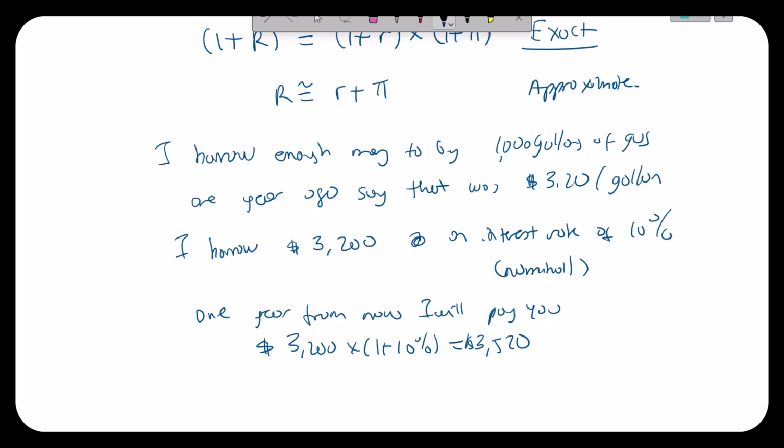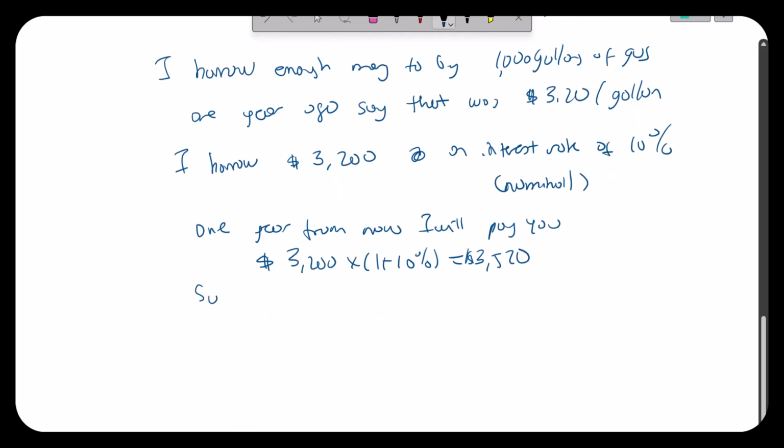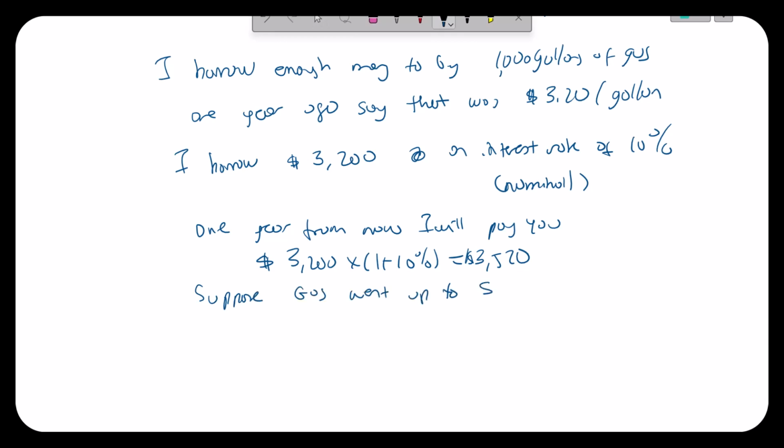That's your interest. You're feeling good, but you don't know what happened to the gas prices yet because you're measuring your own wealth in gallons of gas. Suppose gas went up to $4. With the money that you lent me, you could have bought 1,000 gallons of gas, which also happens to be 1 barrel.